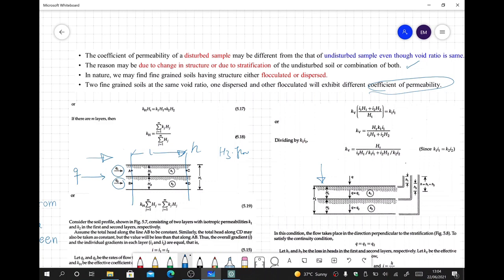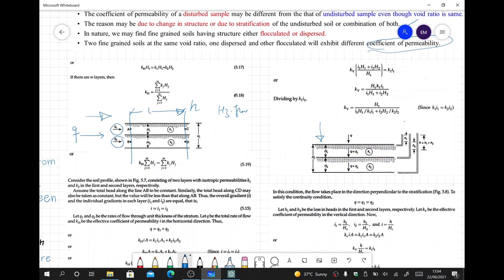Now, because the flow is happening from section AB to CD, we will have a constant head loss, that means we know that gradient I is equal to H over L. So the gradient will be similar in the first layer and in the second layer. Let's call I1 the gradient in the first layer and I2 the gradient in the second layer.